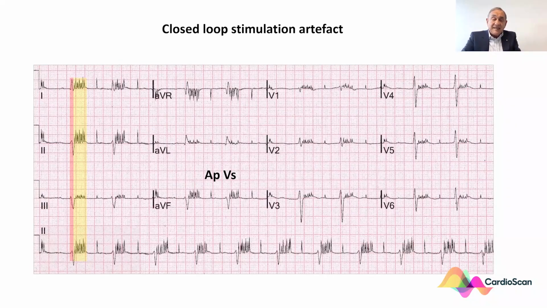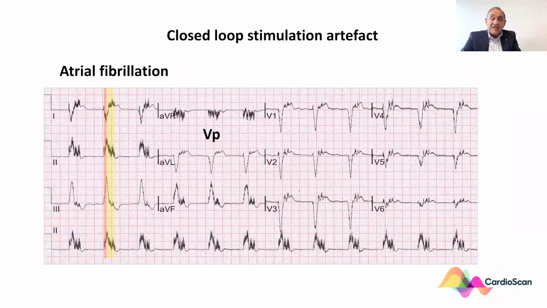This type of pacing system is very useful for vasovagal syncope, and therefore usually you do not see ventricular pacing. But here is an example of atrial fibrillation with ventricular pacing. And once again, we see the strange artifact, which is deliberate from the sensor, and frequently attempts are made to redo the ECG, taking the patient to another room.